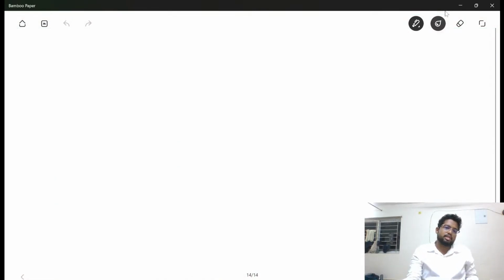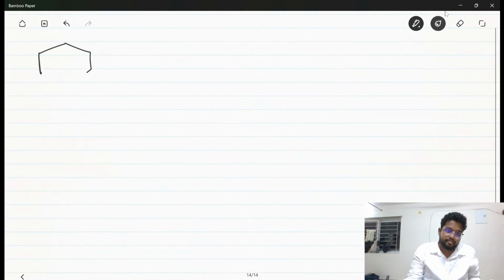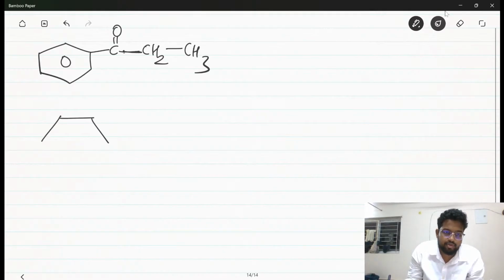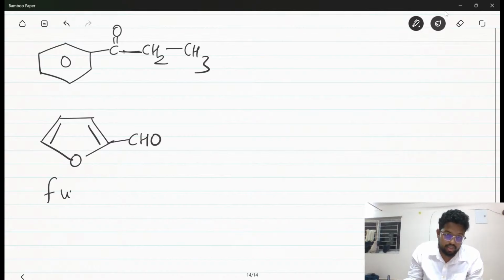So it is benzene ring, CH2, CH3, three carbons. Now there is another important compound. You know furan. In this furan, if an aldehyde functional group is there, that is known as furfural.